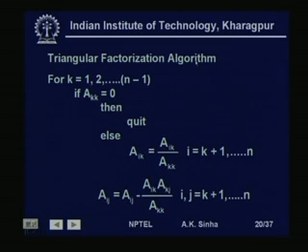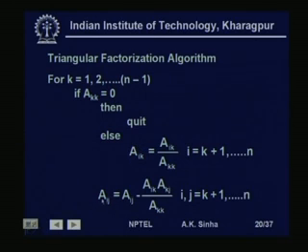triangular factorization algorithm. Now, in this algorithm, for k is equal to 1 up to n minus 1, if a k k is equal to 0, then just go out, that is if the diagonal element is 0, then go out, otherwise you find out a i k is equal to a i k by a k k, for i is equal to k plus 1 to n, that is this is the factored element.